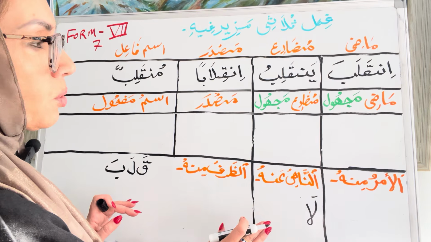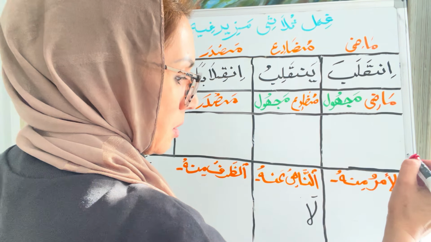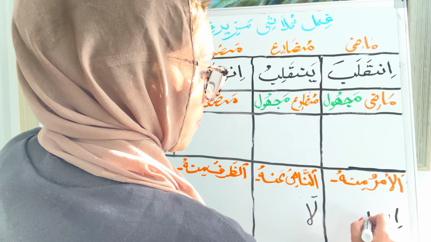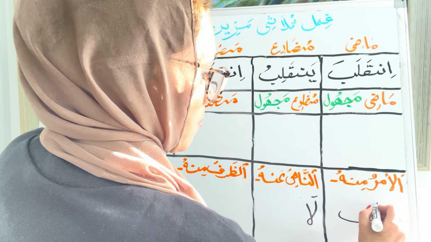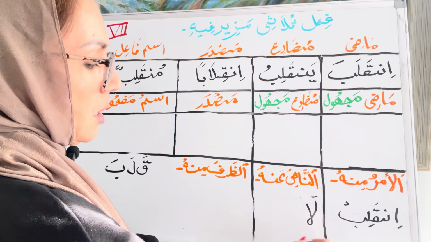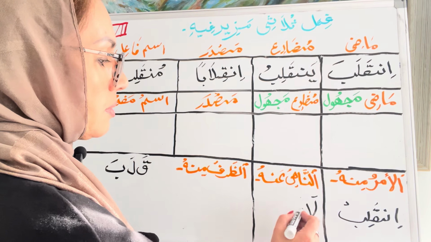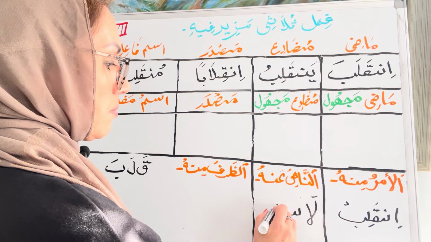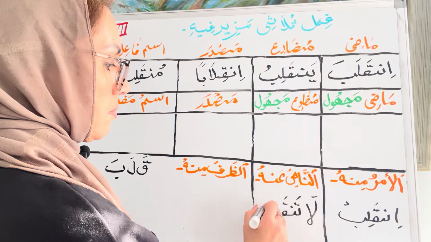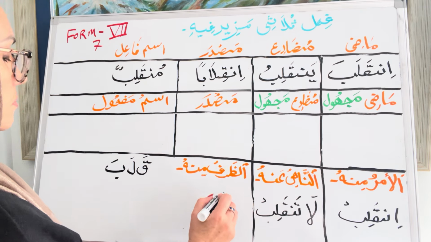Since we don't have the majhul, we will go ahead and do the al-amr. Al-amru minhu inqalib, with sukun. And then والنهي عنه لا تنقلب. سكون. والظرف منه منقلب.